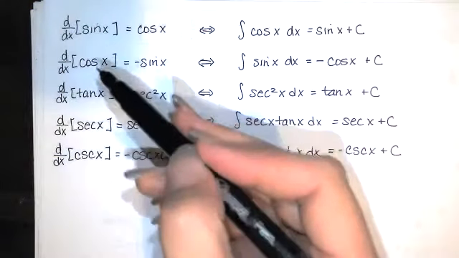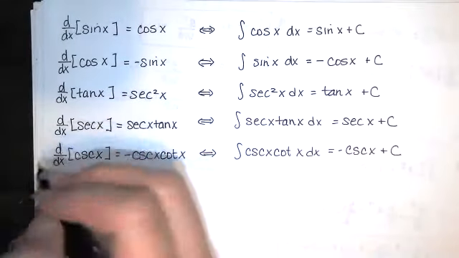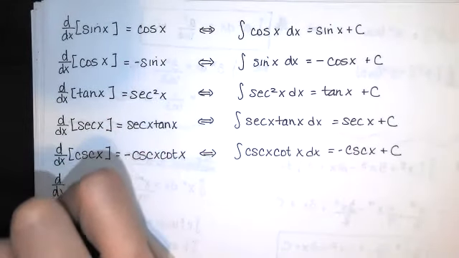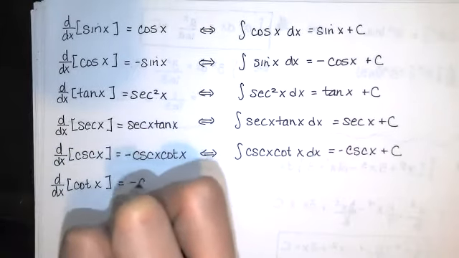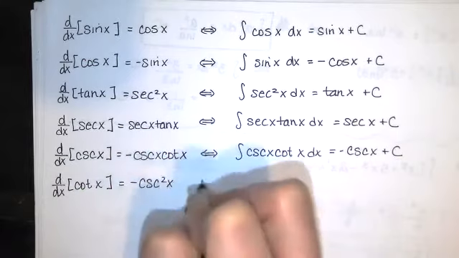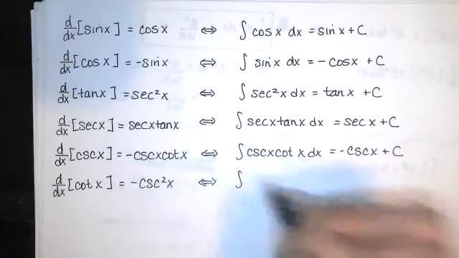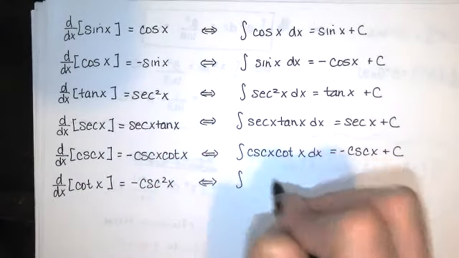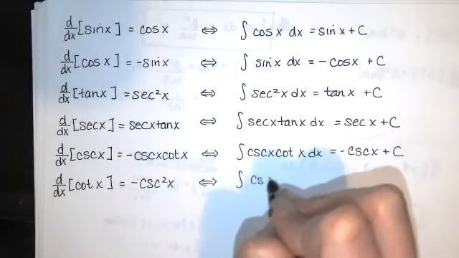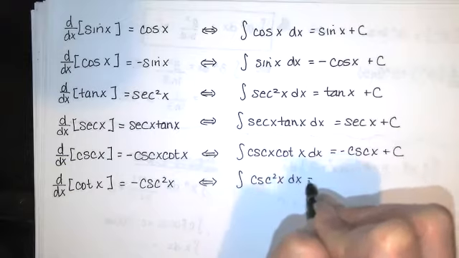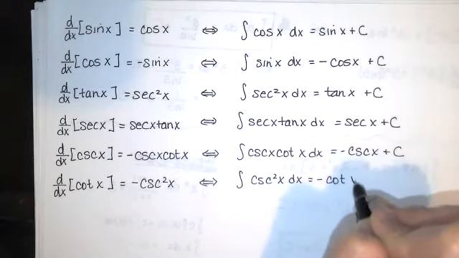So we did sine, cosine, tangent, secant, cosecant, I need cotangent. The derivative of cotangent of x is negative cosecant squared x, and that corresponds to this antiderivative rule. The antiderivative of cosecant squared x is negative cotangent of x plus c.